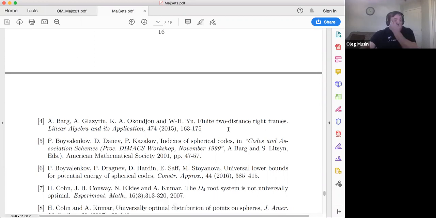In this paper they consider the equiangular lines case and even more general. But Alexei Glazyrin told me that it is not completely solved. It is not necessarily a sufficient condition for equiangular lines. If b is not equal to negative a, it is okay, but for this case there is still something to prove.